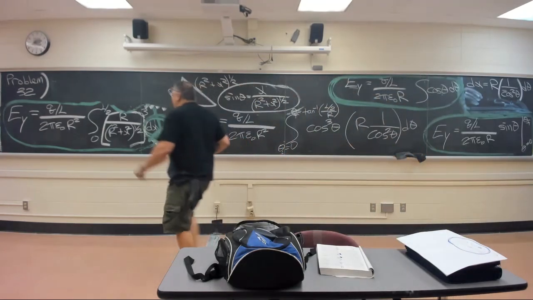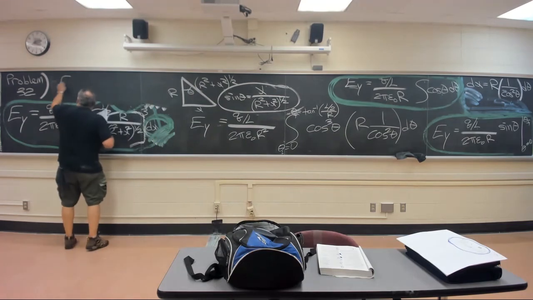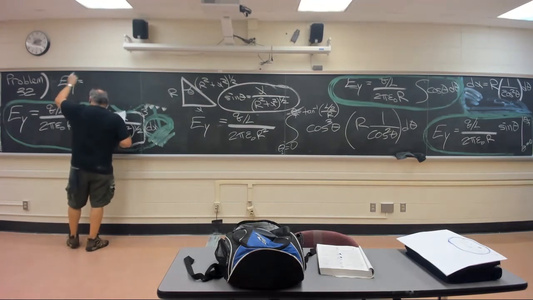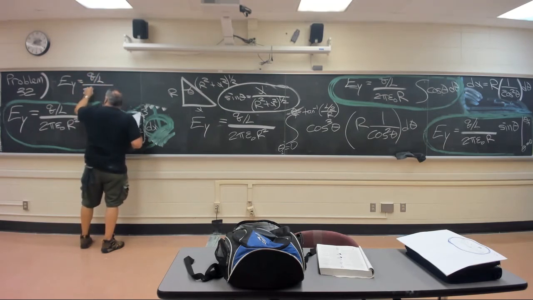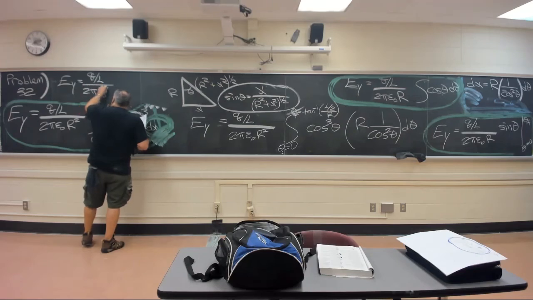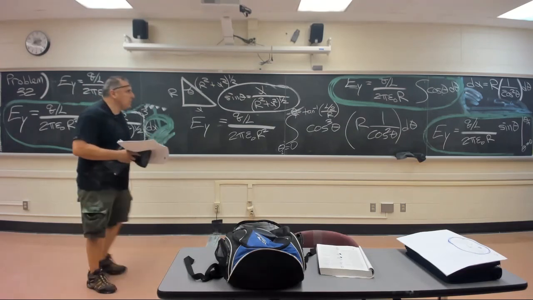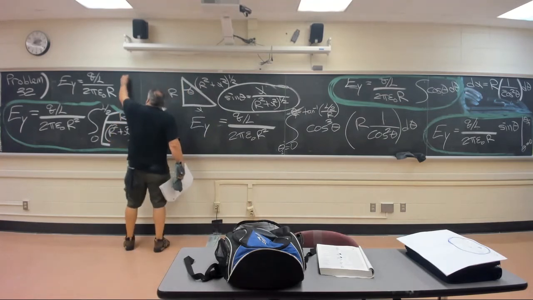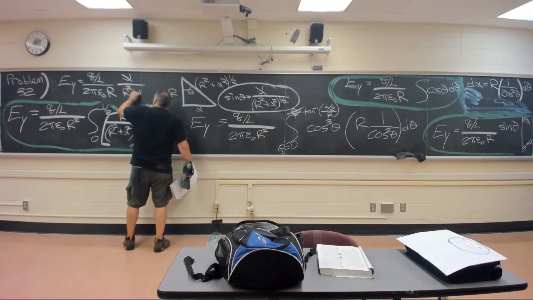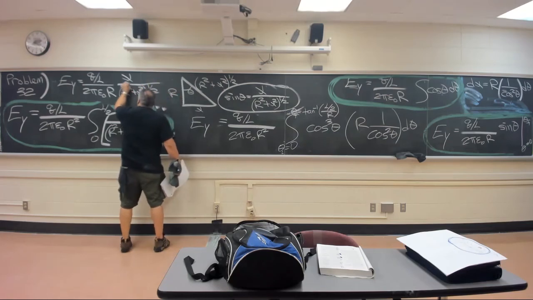This whole song and dance at the end of all of it can be written easily enough as 2 pi epsilon naught, just the R, sine theta is x over r squared plus x squared, the whole thing to the 1/2.